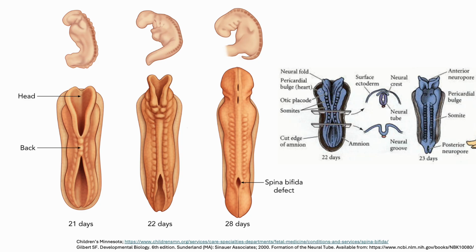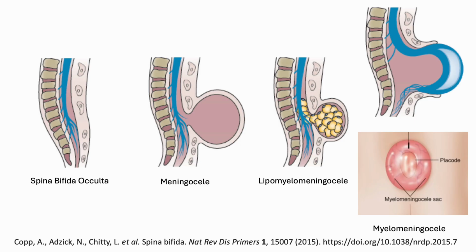Neural tube defects occur in 1 per 1,000 live births, and spina bifida occurs in 1 to 3 per 10,000 live births. Spina bifida occulta occurs when the laminae fail to develop, but the spinal dura and skin develop normally, which results in a defect hidden under the skin, making most individuals unaware that they have the condition.